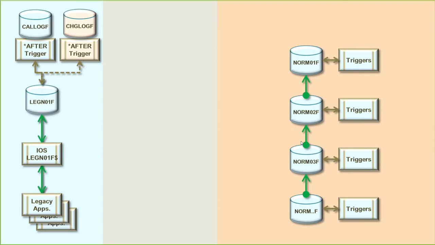They will contain the validations for that normalized file, and possibly after triggers will synchronize other files in the set. Be careful you don't wander outside the set at this stage, because we are working on a set of normalized files on a single large monstrous logical file.